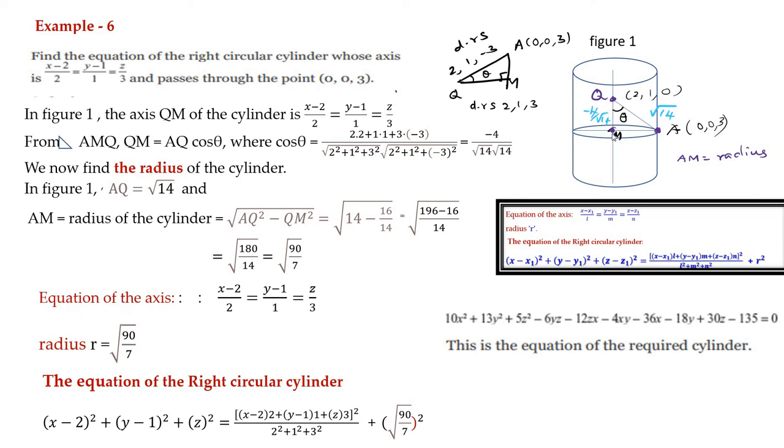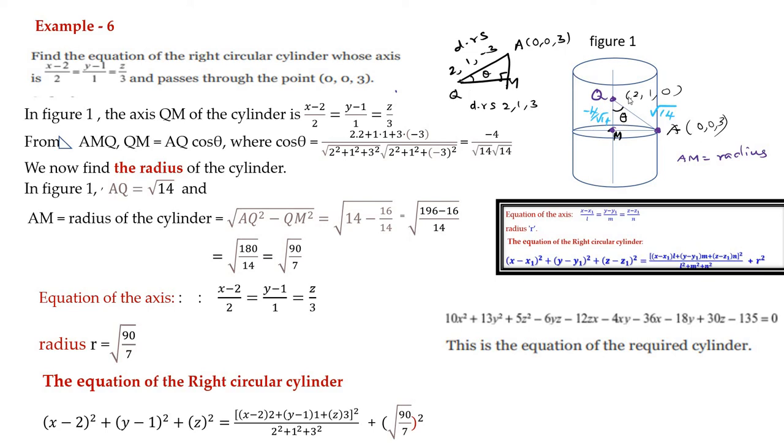Now we are going to find what this QM is. From this right angle triangle, it can be easily seen that QM is nothing but AQ cos theta. Now what is cos theta? If we know theta to be the angle between these two, and the drs are known, cos theta can be easily written.